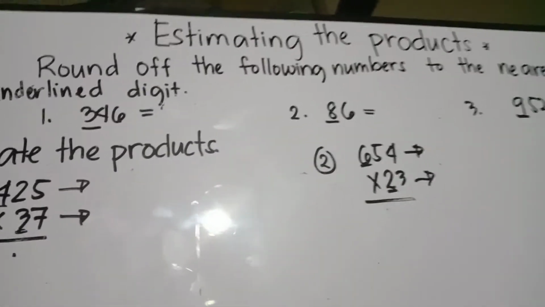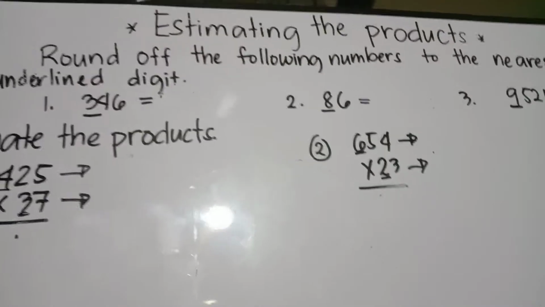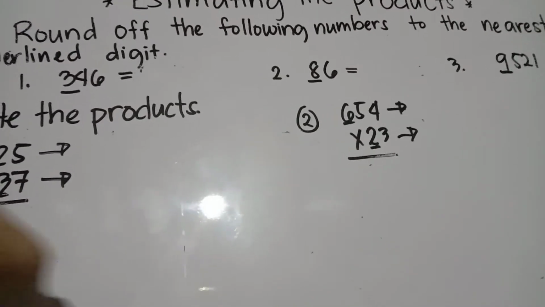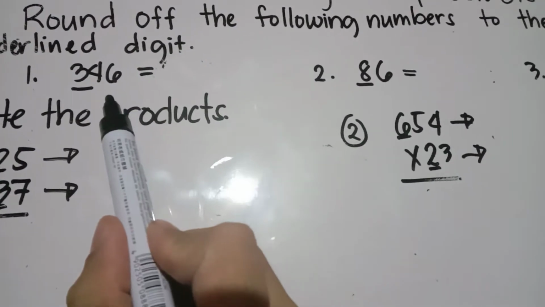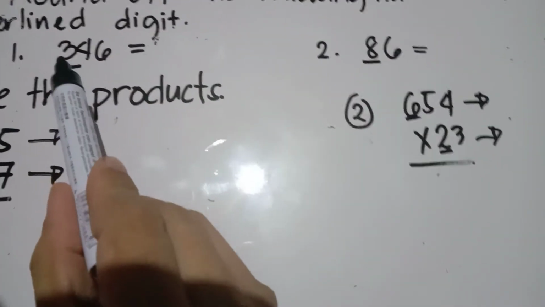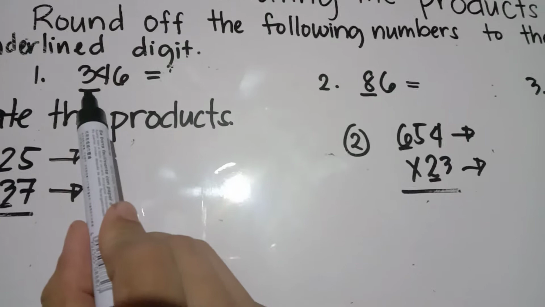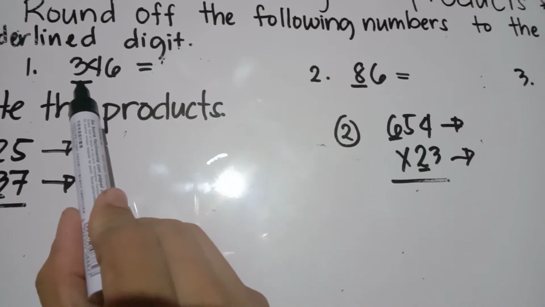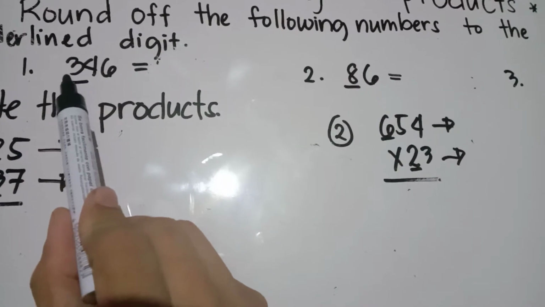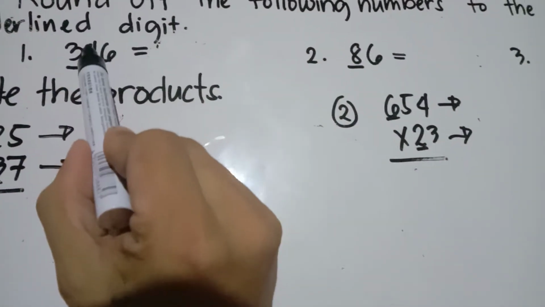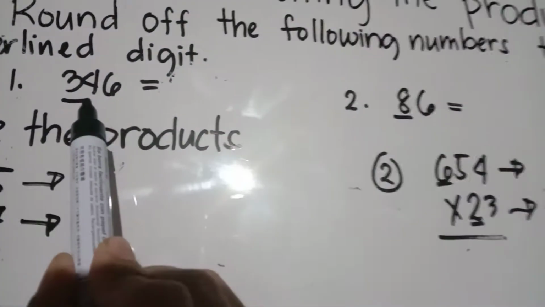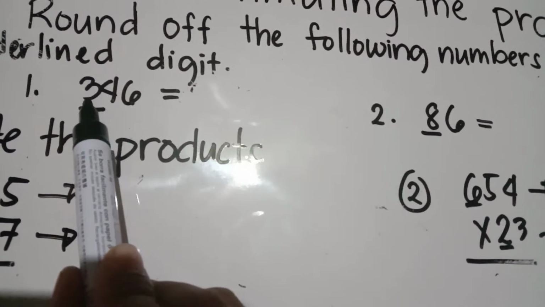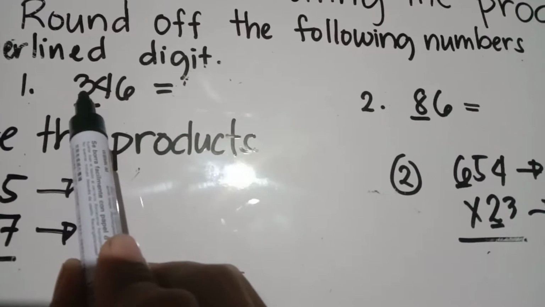Round off the following numbers to the nearest underlined digit. Now try to check number 1, 346. The underlined digit here is 3. So we are going to round this digit. Step 2, look at the next digit at the right, which is 4. Since the next digit is 4, we are going to retain the digit 3.